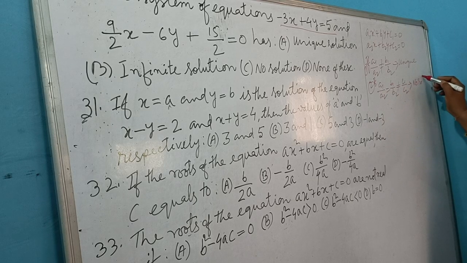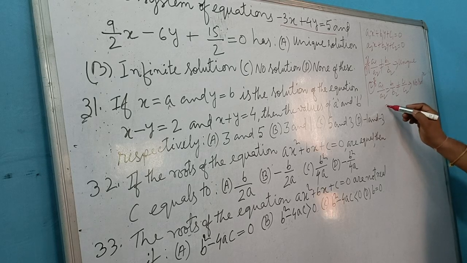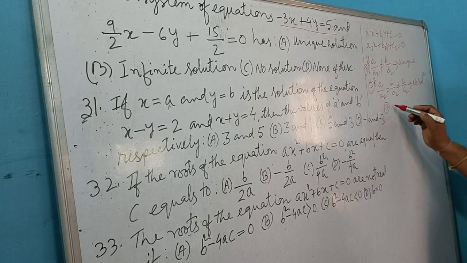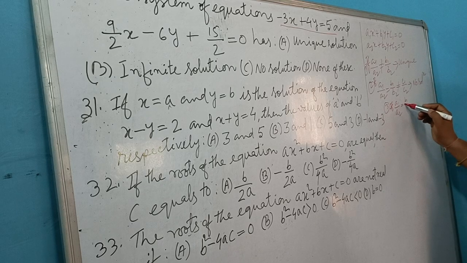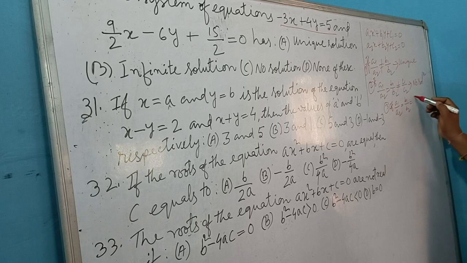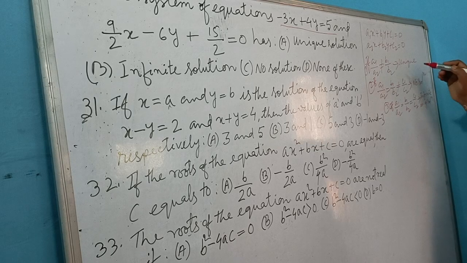Clear? Just you have to remember these points. And number 3, if a1/a2 = b1/b2 = c1/c2, then we know it has infinite number of solutions. These three things you have to remember algebraically.